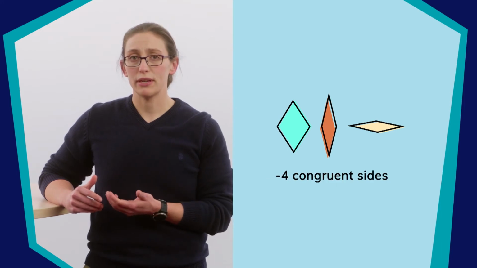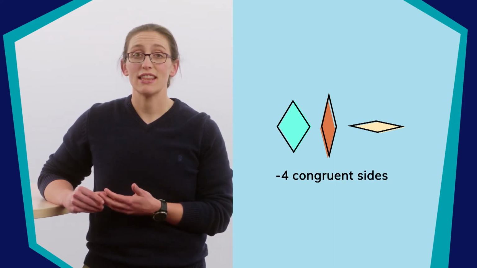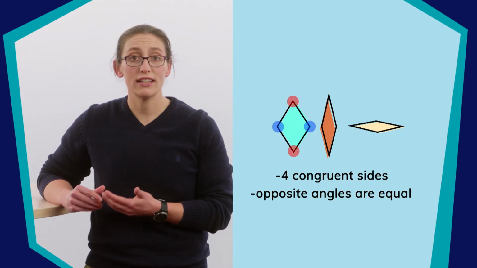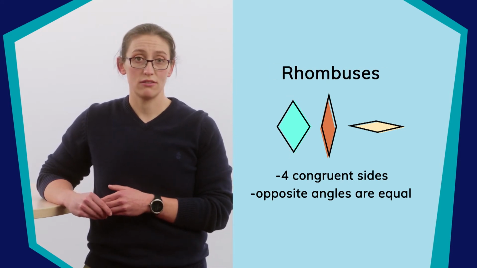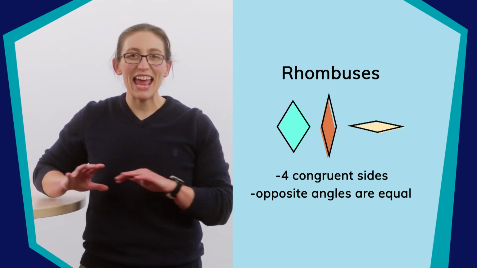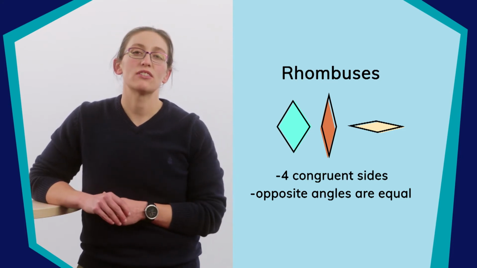These seem fairly unique. I notice that all sides are congruent, and I also see that opposite angles are equal. These figures are called rhombuses. Do you notice any other shape that has the traits of a rhombus?